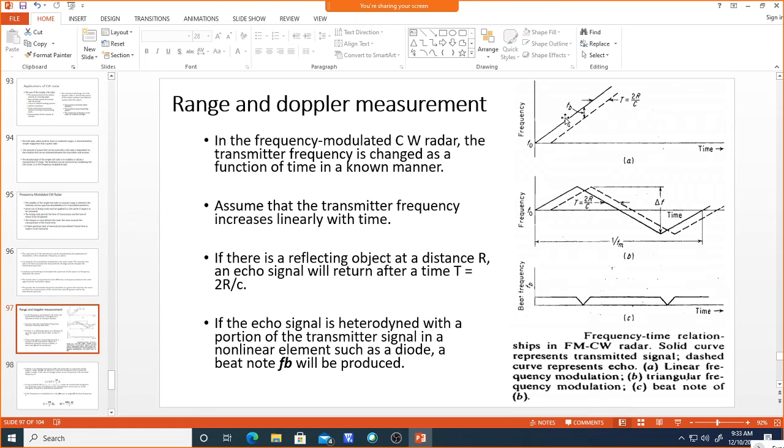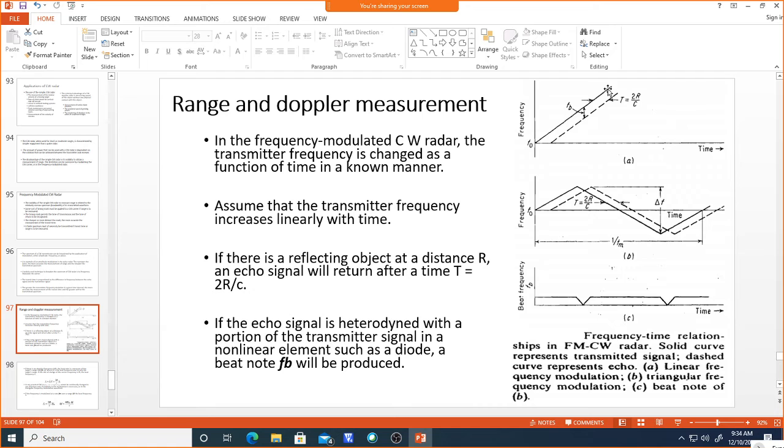Now you can see here, without any other modulation, we can transmit the signal linearly. That is linear frequency modulation: the frequency varies with respect to time, so it is a continuously modulated signal.